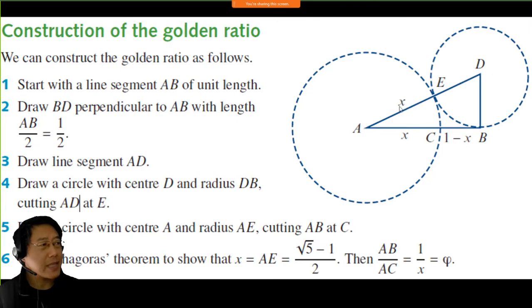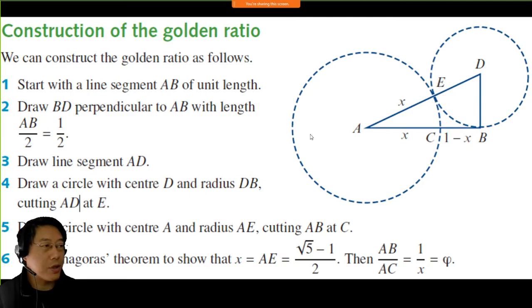And then you use a pair of compasses. The first circle you're going to draw is going to be centered at D, and the radius has to be equal to DB. So that's the first circle that you need to draw. That circle will intersect the AD hypotenuse at E. And then you can continue.